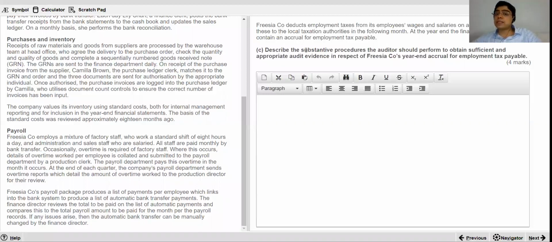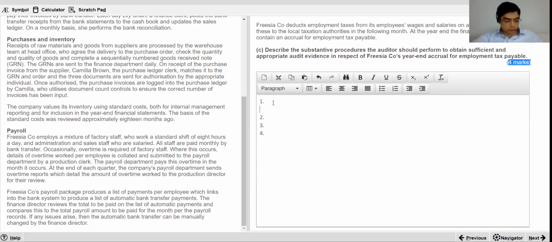Describe the substantive procedures the auditor should perform to obtain sufficient and appropriate evidence in respect of Frisia Co's year-end accrual for employment tax payable. And this is for 4 marks. So the examiner is expecting you to write 4 audit procedures for the employment tax payable accrual.